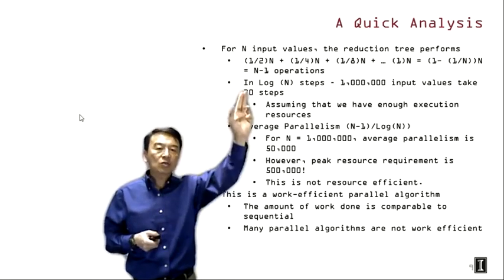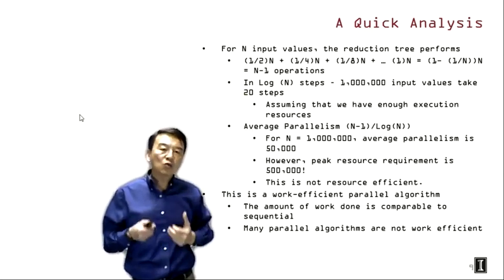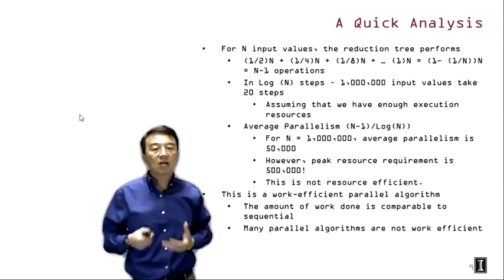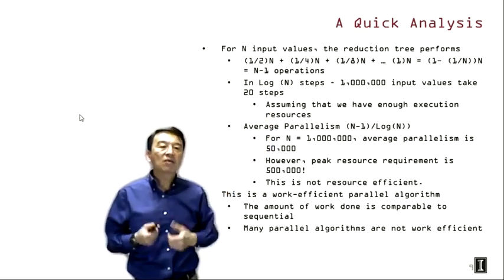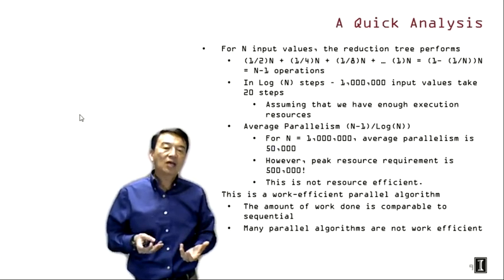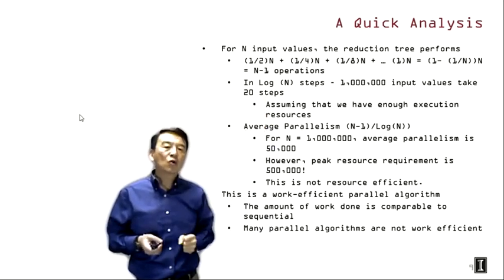And just to give you a kind of intuition about the resource efficiency and the parallelism of this kind of algorithm, let's say if we have 1 million input values, and if we take log base 2 of 1 million, we get 20.